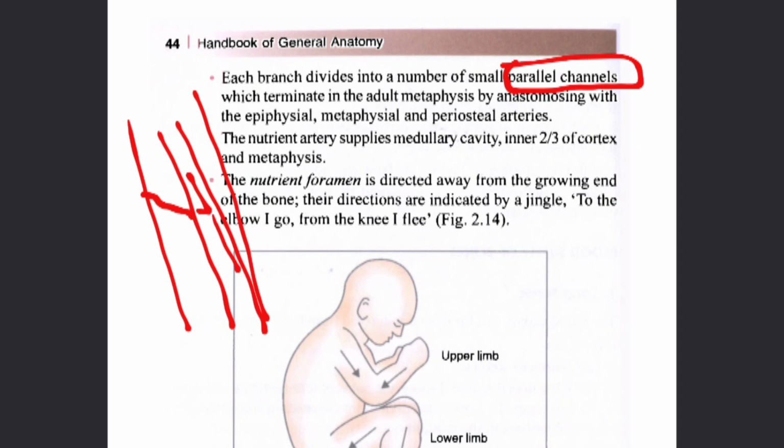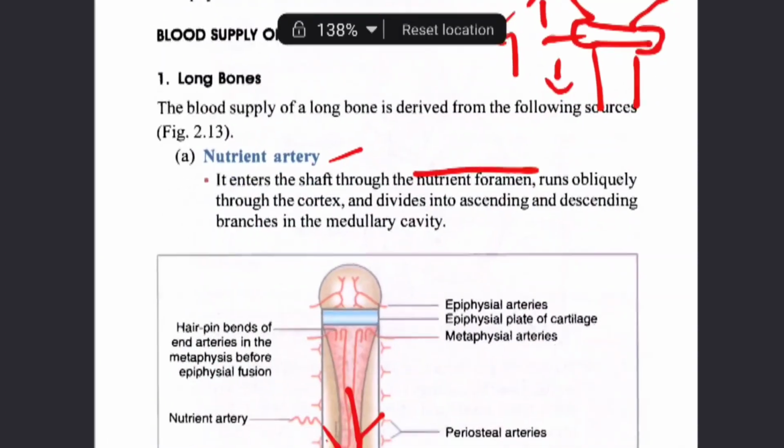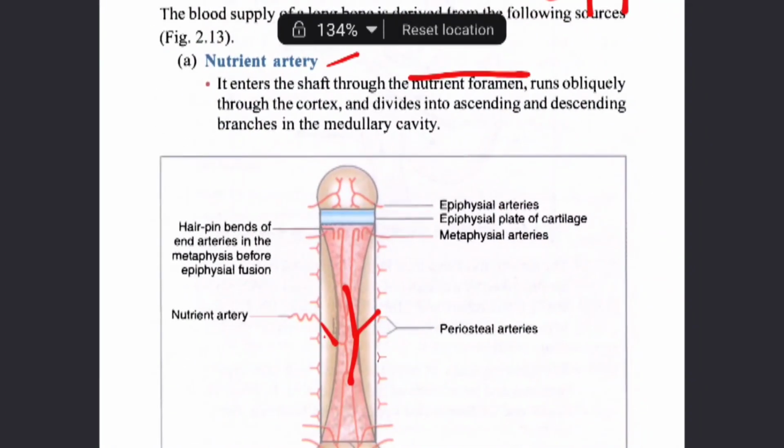Then it is forming a number of small parallel channels which terminate in the adult metaphysis by anastomosing with the epiphyseal, metaphyseal and periosteal arteries. Like you can see here in the diagram, the anastomosis is present here.